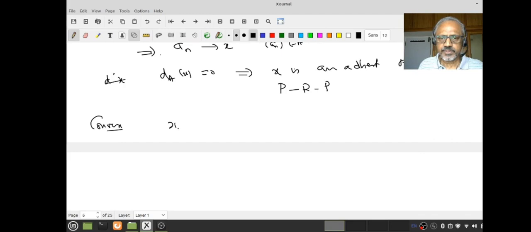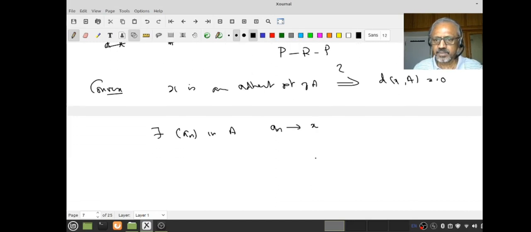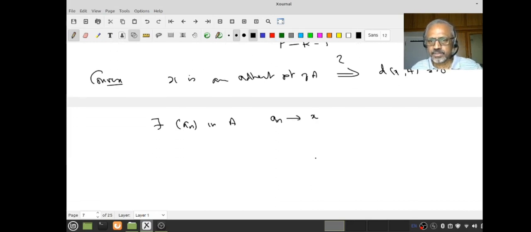If x is an adherent point of A, does that imply the distance between x and A is 0? This is almost trivial, all of you know. If x is an adherent point of A, in a metric space we know there is a sequence a_n in A with the property that a_n converges to x. If a_n converges to x, this is if and only if the distance between a_n and x goes to 0.